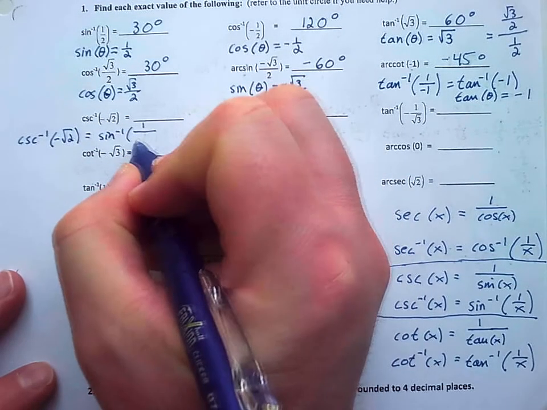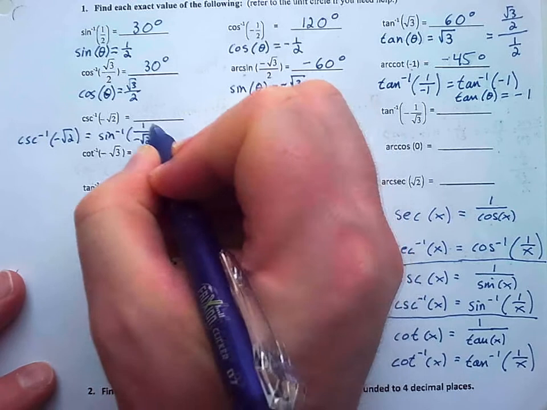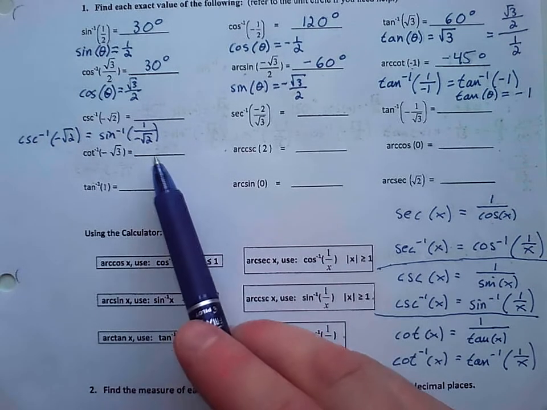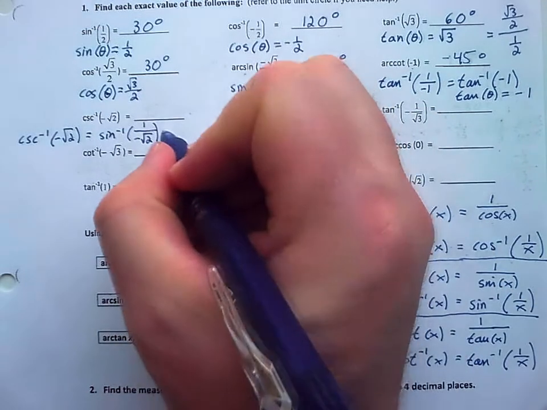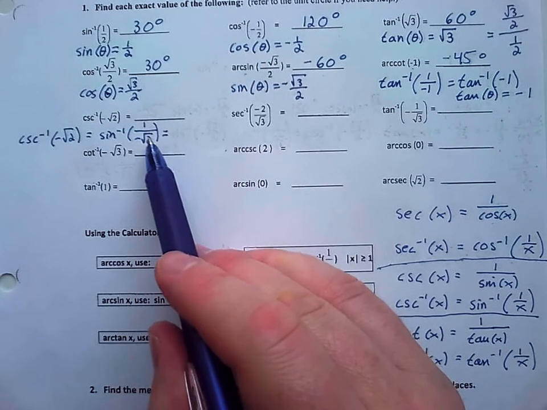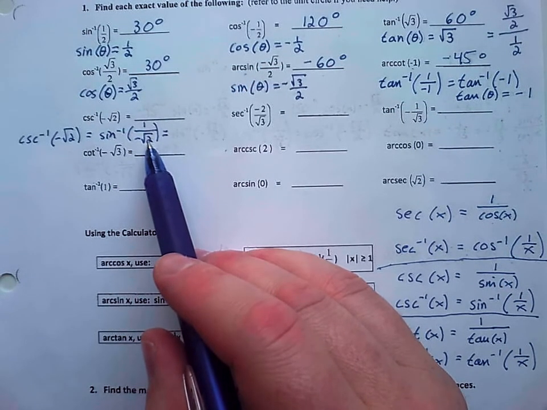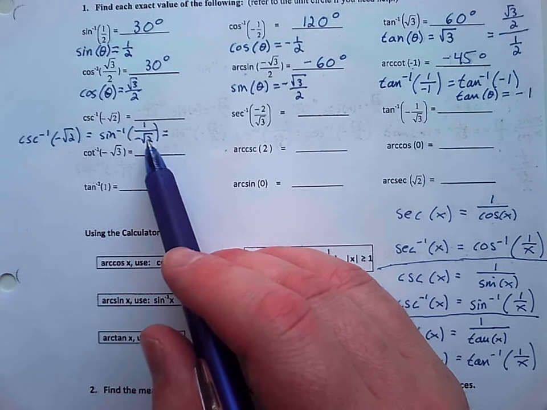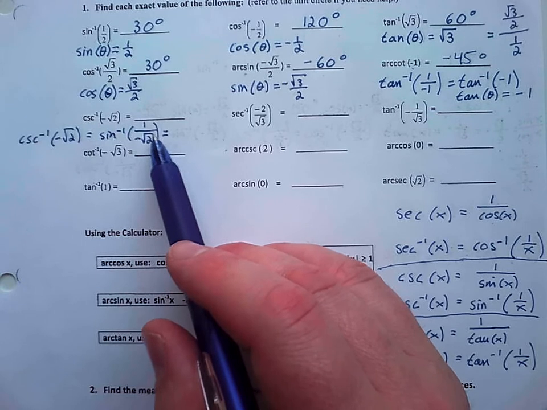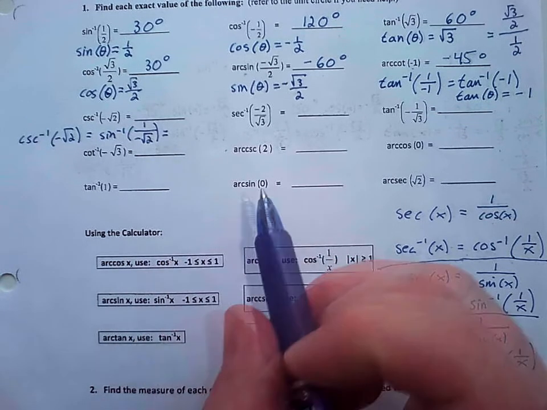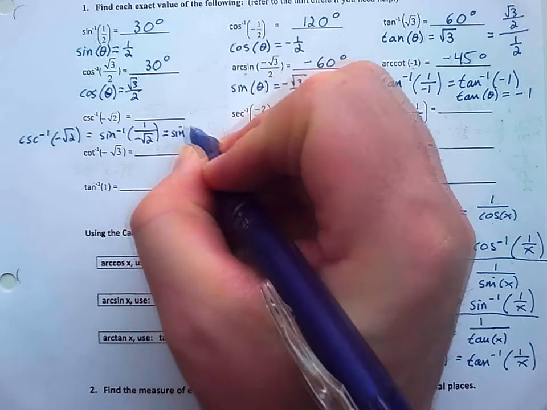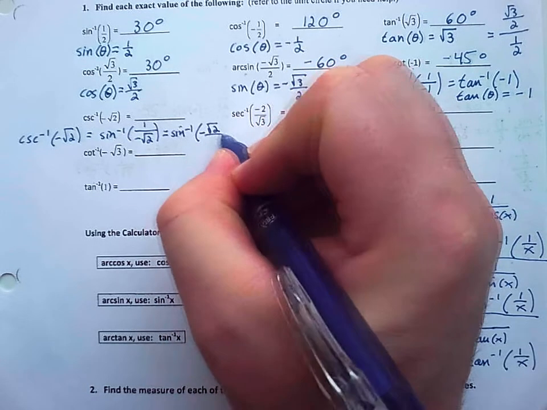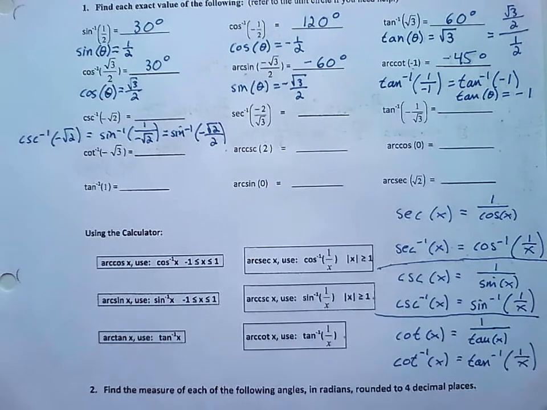So it's going to become 1 over negative square root of 2. Remember that we should try to have it in such a way that we don't have a radical sign in the denominator. So we're going to multiply both the numerator and the denominator by the square root of 2. Square root of 2 divided by the square root of 2 is just the same thing as 1, so we can multiply anything by 1. So this is going to become the negative square root of 2 over 2.